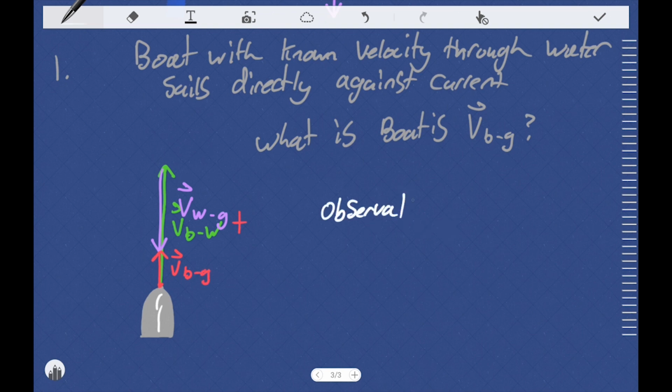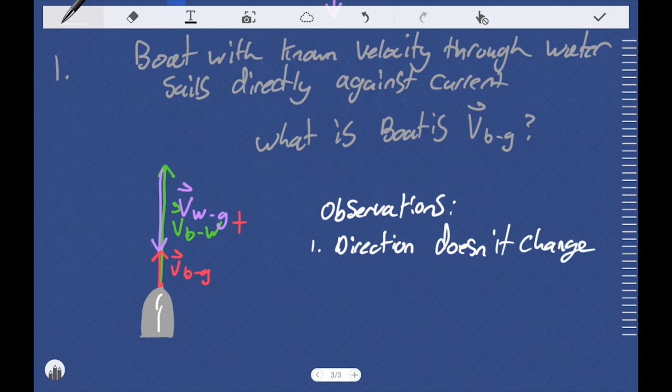So we can make a couple of observations here. One of them is that the direction didn't change. The red vector is pointing in the same direction as the green vector. The second observation that we can make is that the speed of the boat would be reduced in a situation where it's sailing against the current. And this is reflected by the shorter length of the VBG vector.